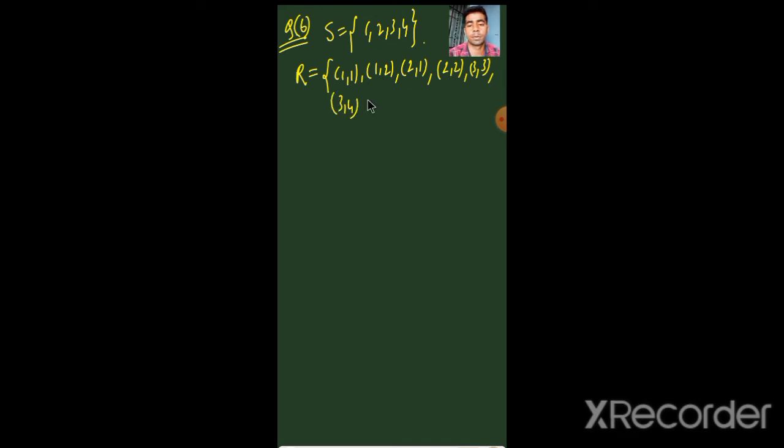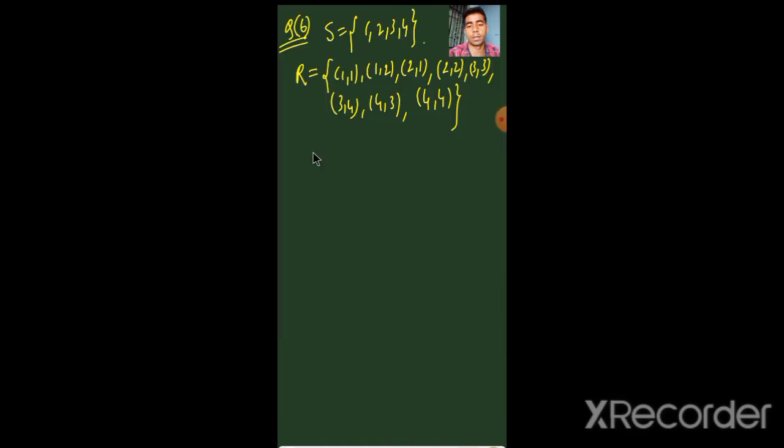And the last one is (4,4). These are the ordered pairs of R. We have to show that R is an equivalence relation.